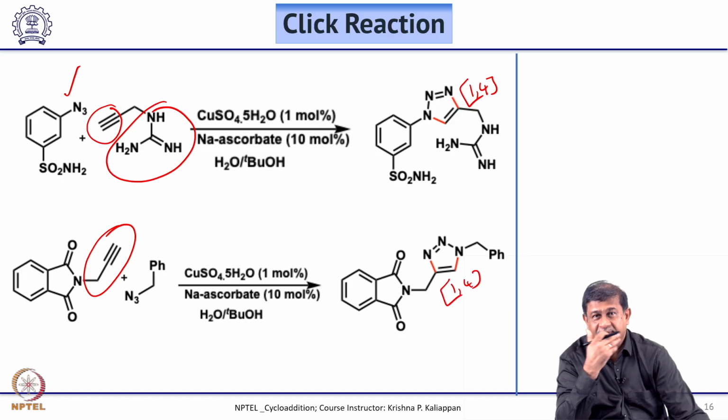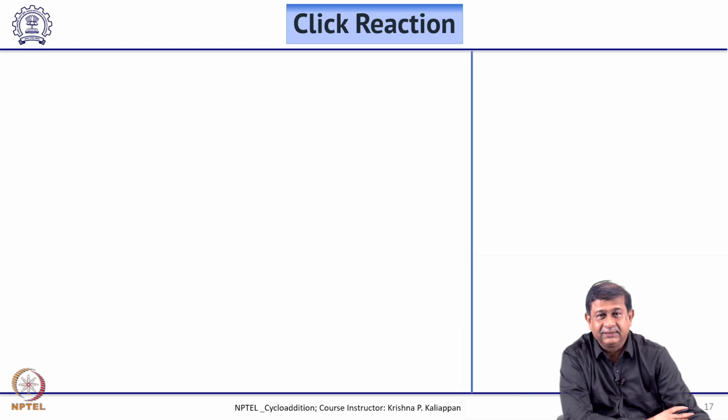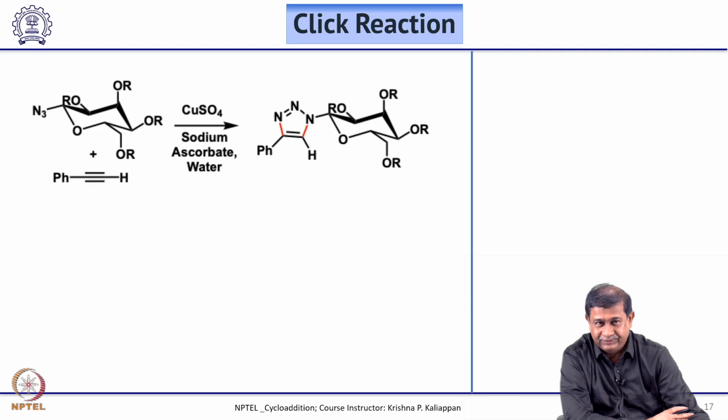Just what you need is to take copper sulfate and then treat with sodium ascorbate in tert-butanol and water. Or if you don't want to use sodium ascorbate, directly take copper iodide in the presence of diisopropylethylamine and solvents like acetonitrile. You can do the same thing to get the corresponding triazoles. Okay.